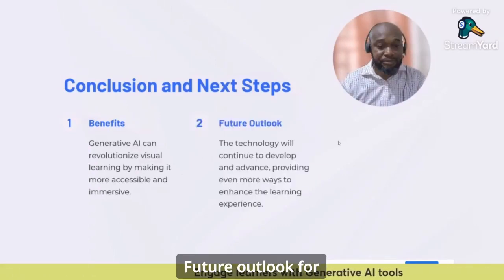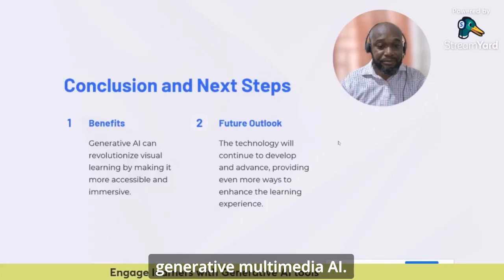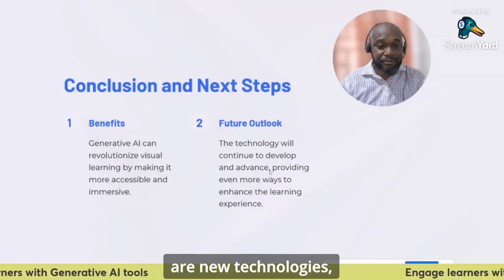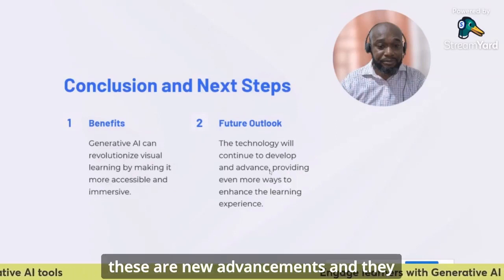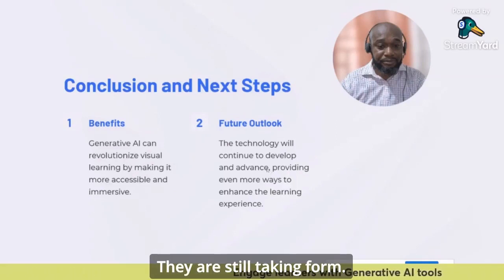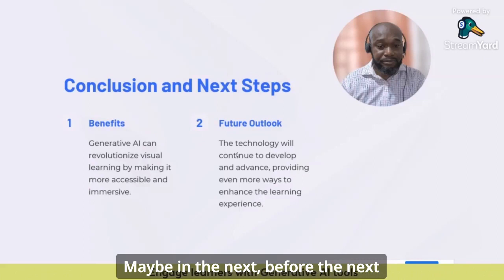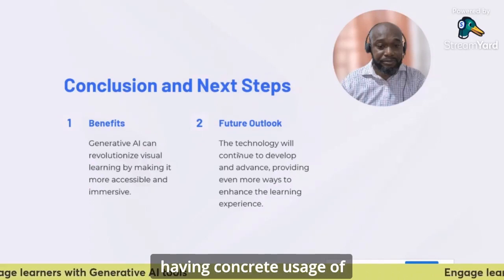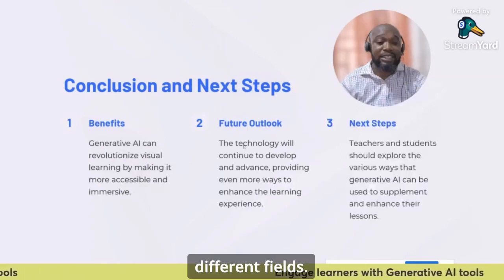Future outlook for generative multimedia AI. The technology will continue to develop and advance because these are new technologies, new advancements, and they are still taking shape, still taking form. Maybe before the next 5 years, we would have concrete usage of them in different areas and different fields.